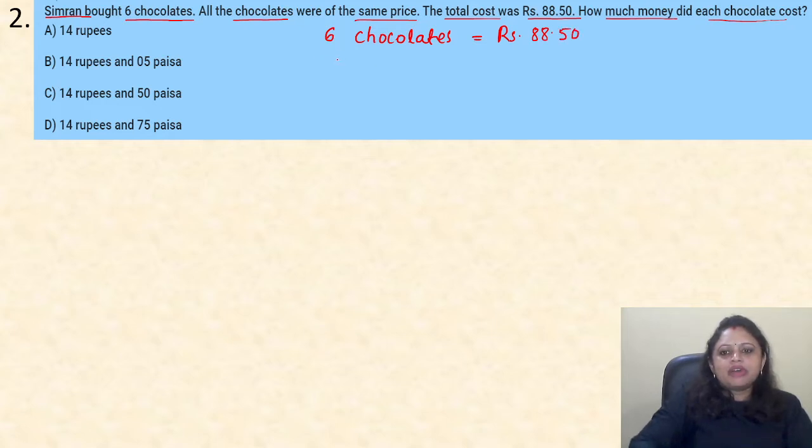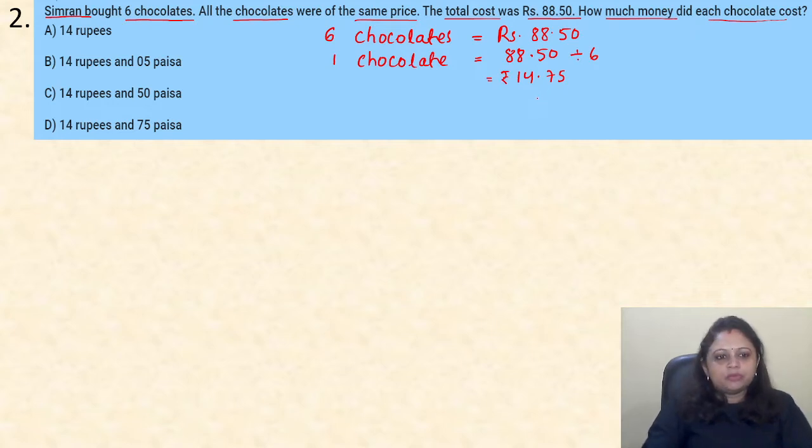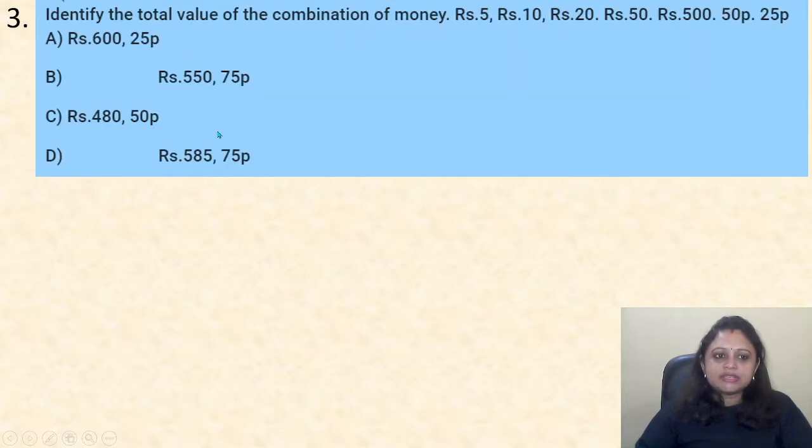So we have to find the cost of each chocolate. How will we find it? 88.50 divided by 6, and that is equal to 14.75. That means 14 rupees and 75 paisa. Okay, and it is present in option D. That's why the correct answer is option D. Got it, everyone? Coming to the next question.